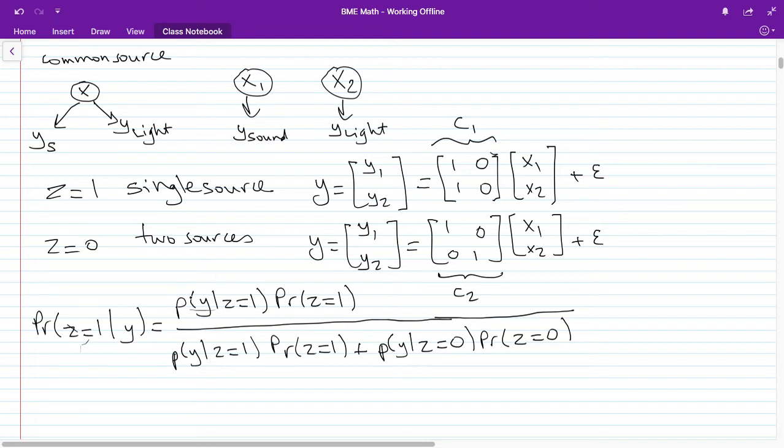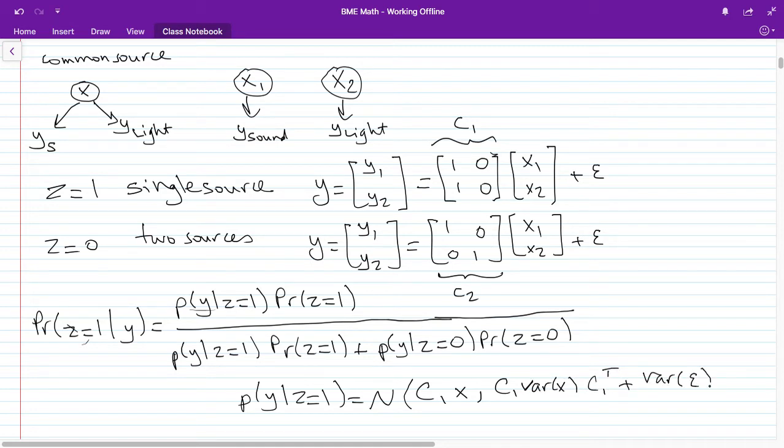Yeah. So why is their estimation about the location of the sources? No. So Y is the measurement, right? And so what's this? What's P of Y given Z is equal to 1? That's a normal, right, with mean C1 times X, with variance C1 variance of X, C1 transpose plus variance of epsilon.